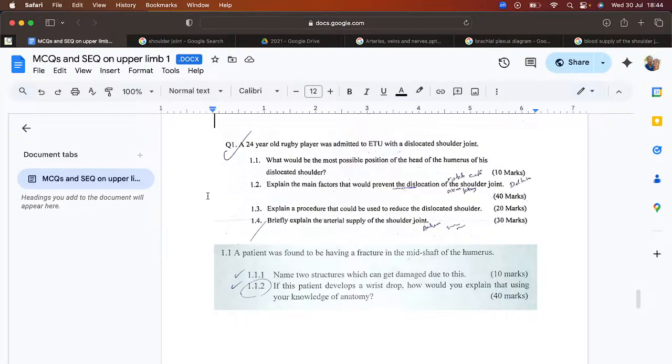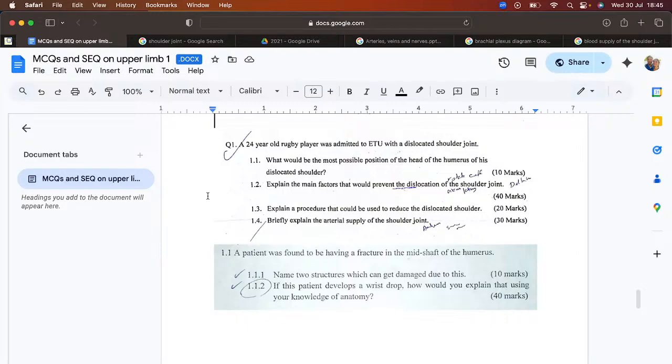But what certain people do is they go through books like Ellis or Last Anatomy Now, learn the content, thinking that they'll be able to pass the exam just doing that. Don't get me wrong, some people do pass the exam that way, but most people end up failing because they don't know how to answer SEQs. They don't know the diagrams, they haven't spent time drawing diagrams.